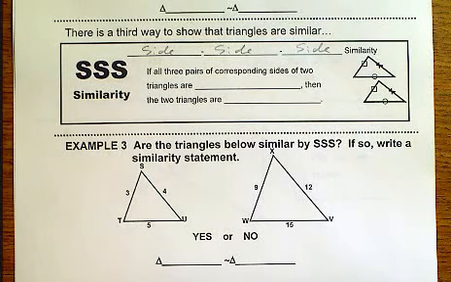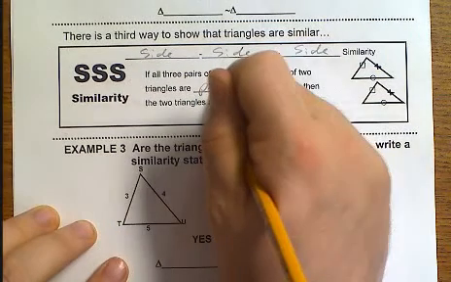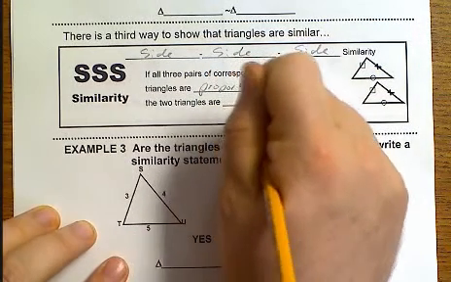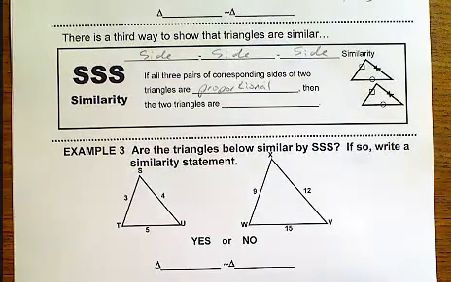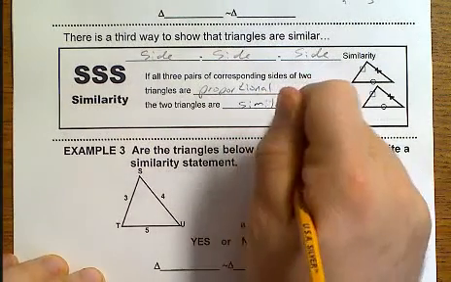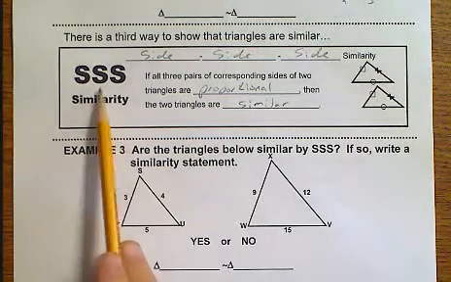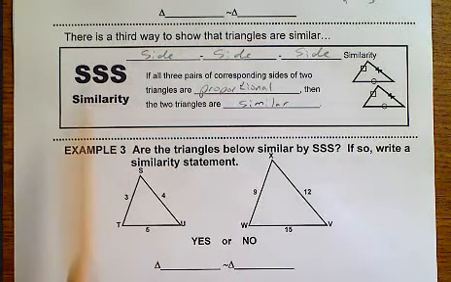If all three pairs of corresponding sides of two triangles are proportional, then the two triangles are similar. Again, you may remember the SSS congruency. Well, we also have SSS similarity.